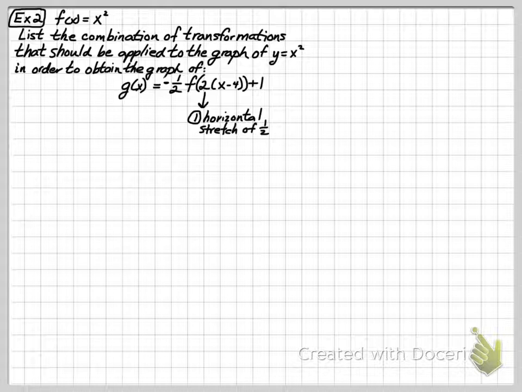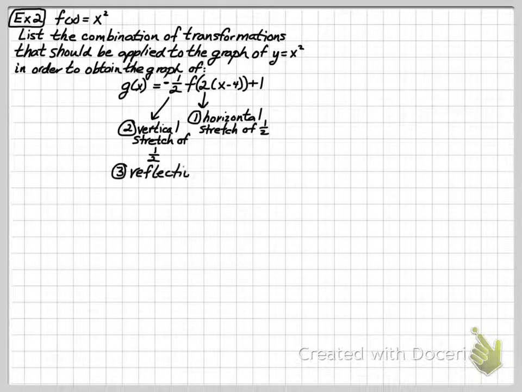Followed by, secondly, a vertical stretch of 1/2. Then that's going to be followed by number 3, and that's going to be a reflection in the y-axis. I'm sorry, the x-axis. We're on to our a value.